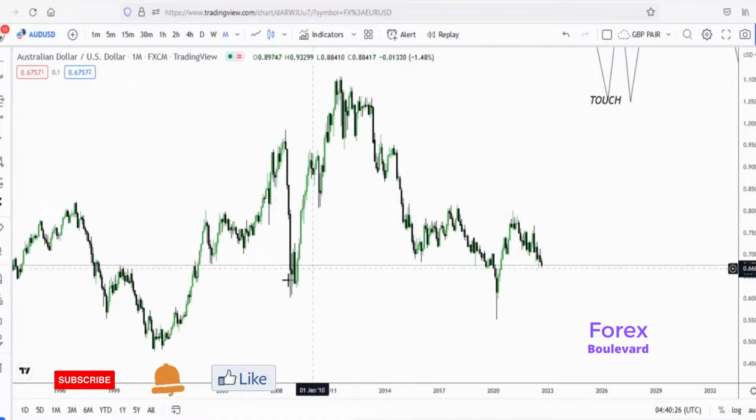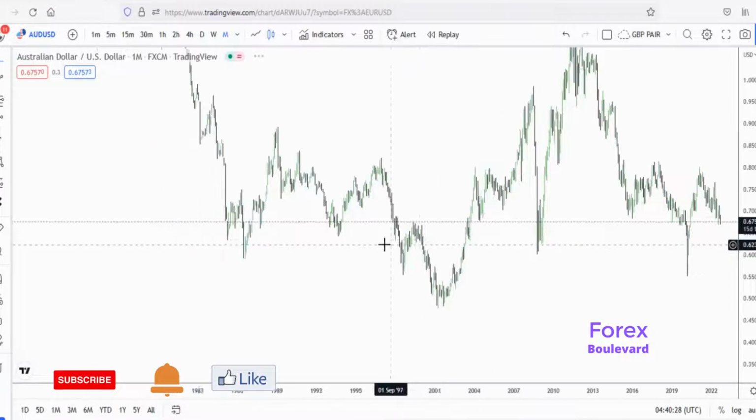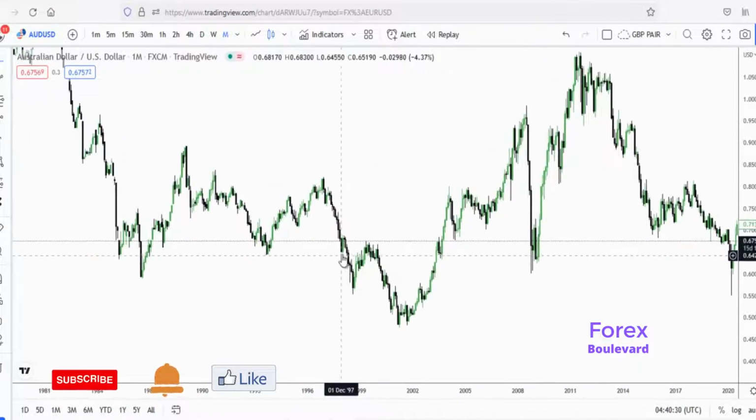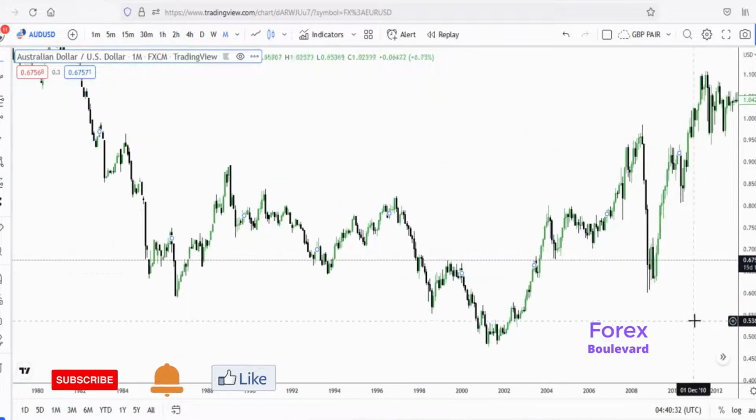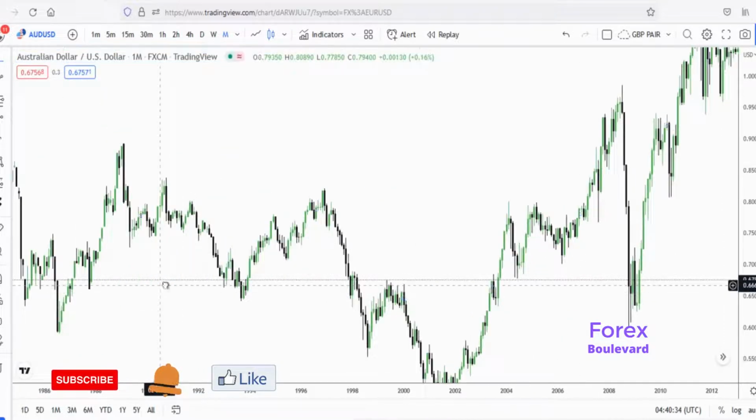Okay, we have one here. Guys, don't forget this is the monthly time frame.